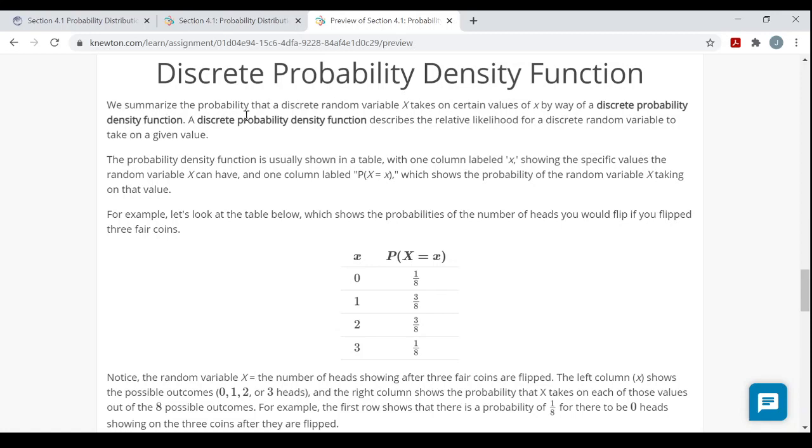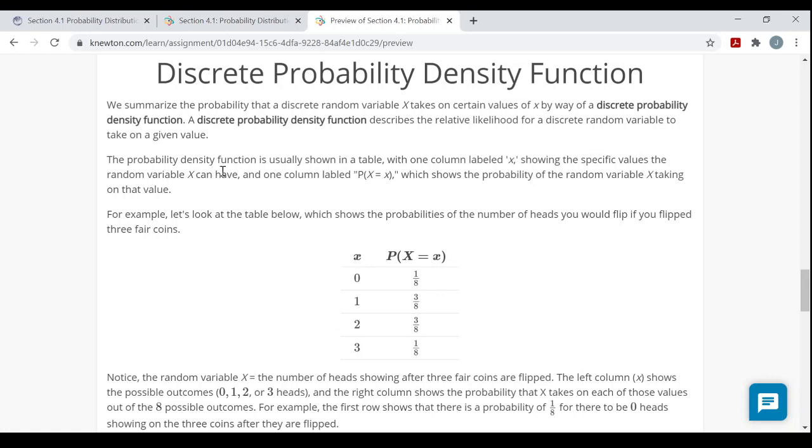So we summarize the probability that a discrete random variable capital X takes on certain values of little x by way of a discrete probability density function. A discrete probability density function describes the relative likelihood or probability for a discrete random variable to take on a given value.